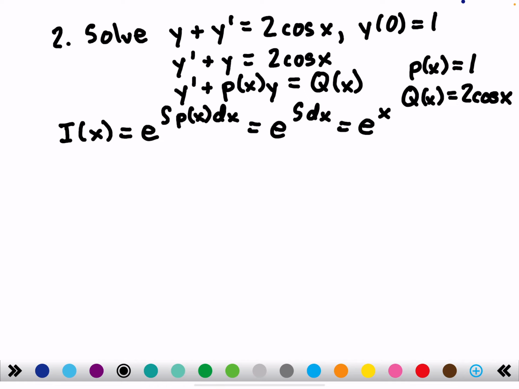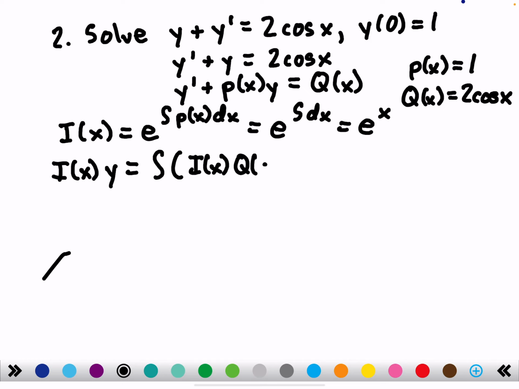Now we set up our solution using the formula I sub x y equals the integral of the quantity I sub x times q sub x dx plus c.